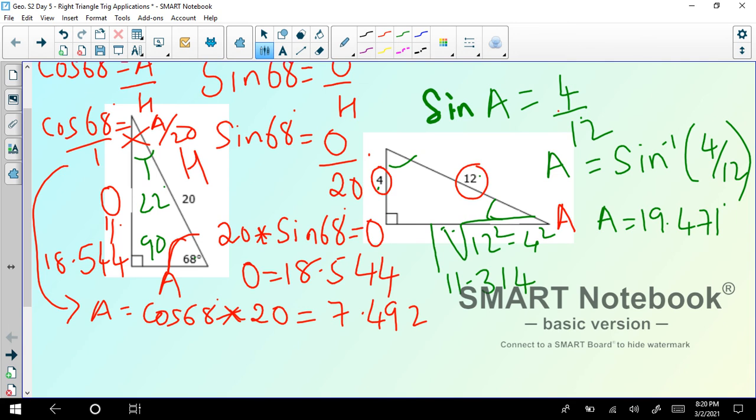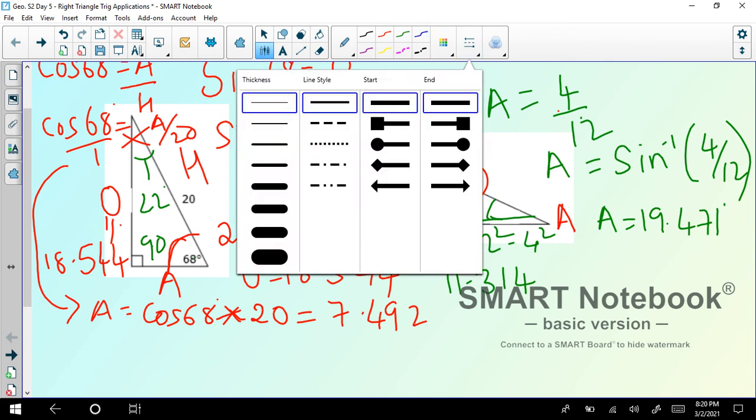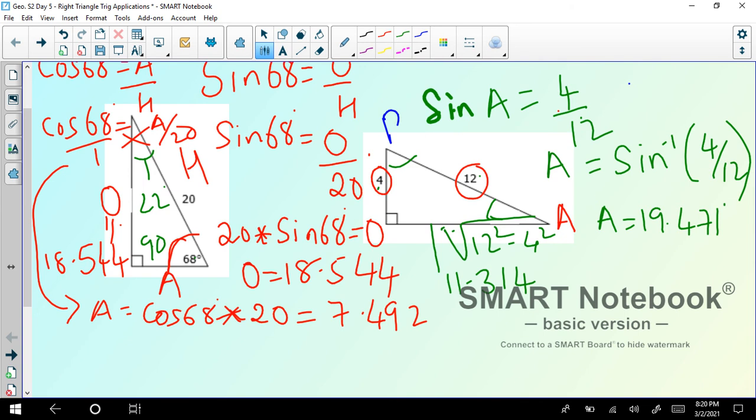We have angle A and we need this particular angle. Let me label this triangle so that this is your B and this is your C. We have measure of angle A as 19.471, measure of angle B is going to be found using triangle sum theorem, that is 180 minus 90 minus 19.471.